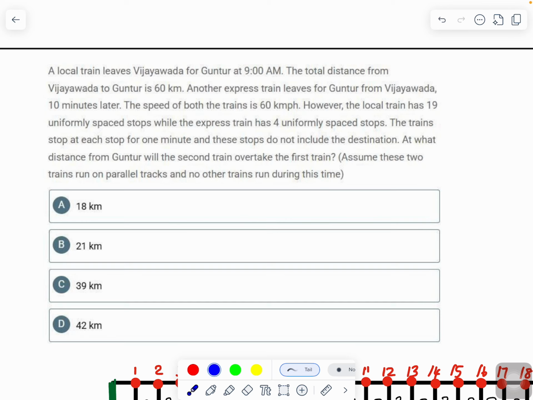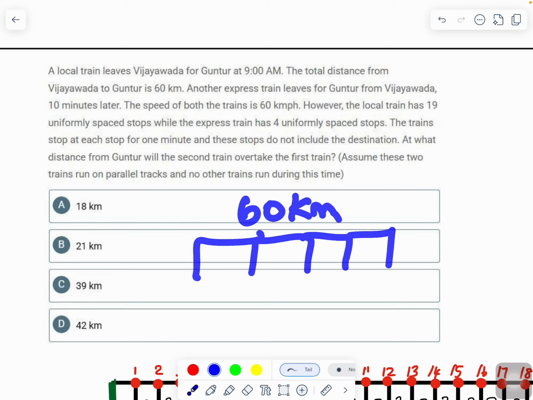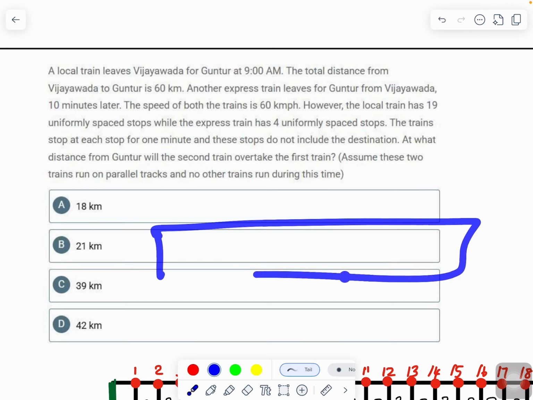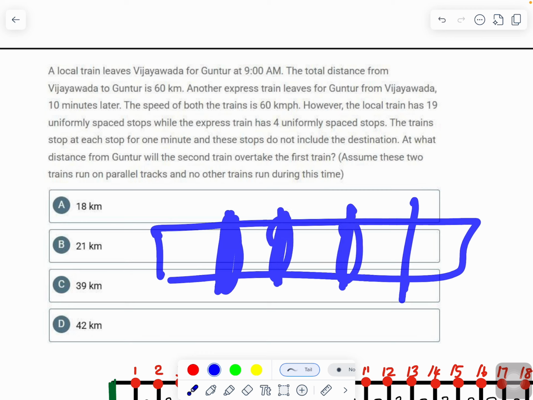Similarly, the express train will have 4 uniformly spaced stops. If I place 4 uniformly spaced stops, it will be cut into 5 parts: first, second, third, fourth, fifth.